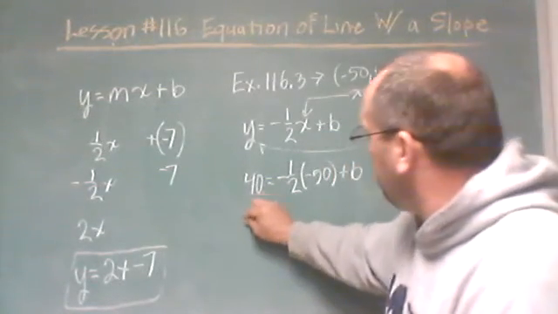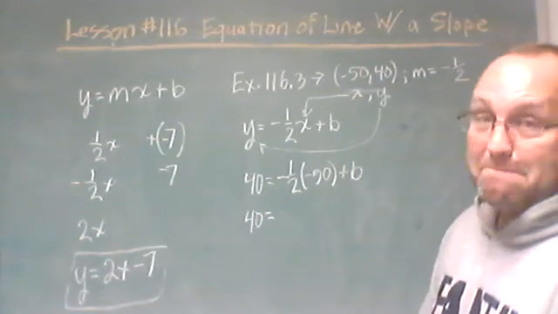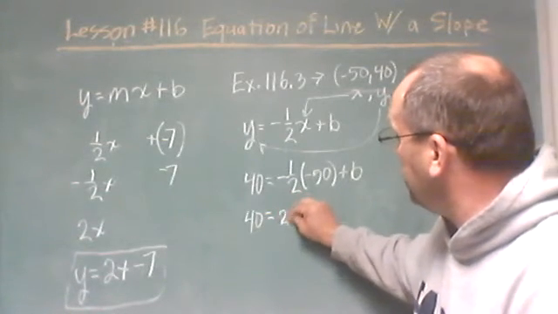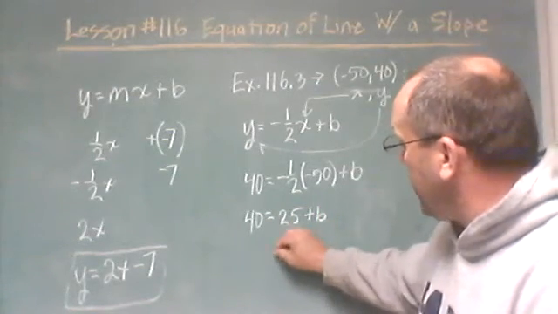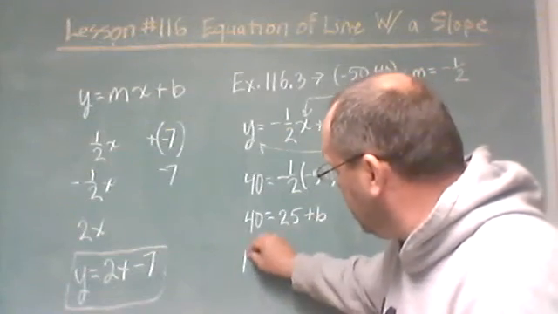So we get 40 on this side, and a minus 1/2 times a minus 50 will be a positive 25, plus b. We subtract the 25 from that side, and we get 15 over here.